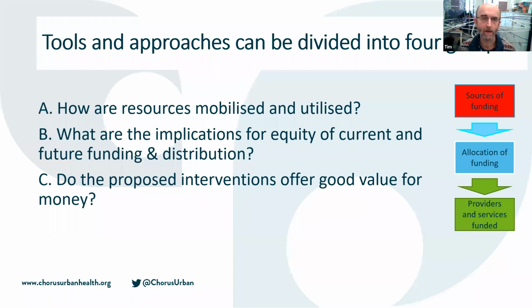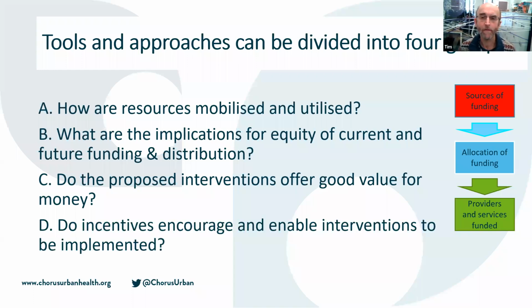So we turn to economic evaluation. And then finally, but also important, addressing how the incentives that are incorporated into the system encourage or discourage the types of interventions that are being created, in this case as part of our urban health project. But as I say, it's applicable to any intervention, I think.